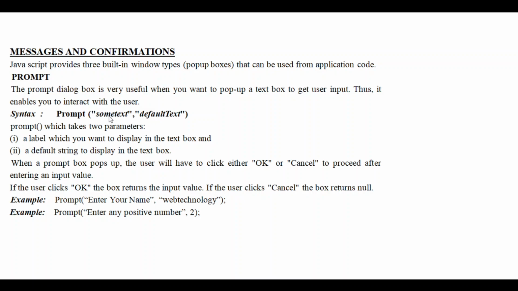The first argument is some text, a label which you want to display in the text box, and the next argument is a default string to display in the text box.